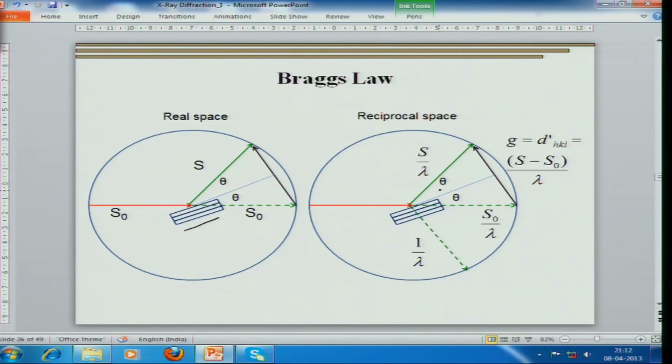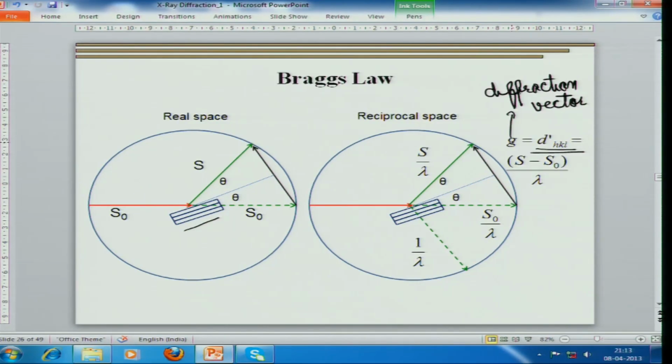Here we see how the incident wave is nothing but S0 by lambda, while the diffracted one is S over lambda, and this leads to a path difference equal to the interplanar spacing shown over here, and this leads to the diffraction vector G. Therefore, it can be defined as G equal to d prime HKL, which is given by S minus S0 over lambda.